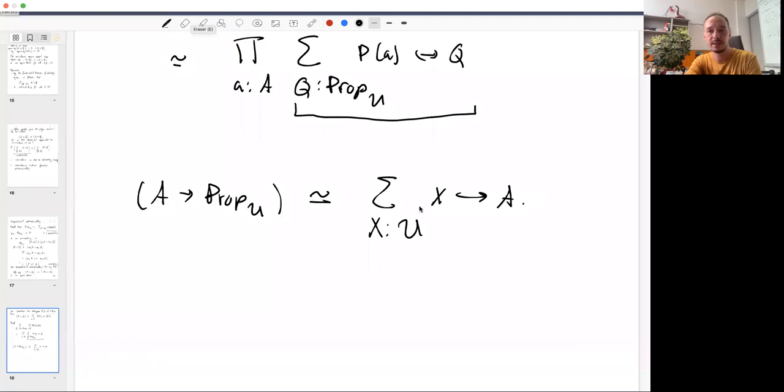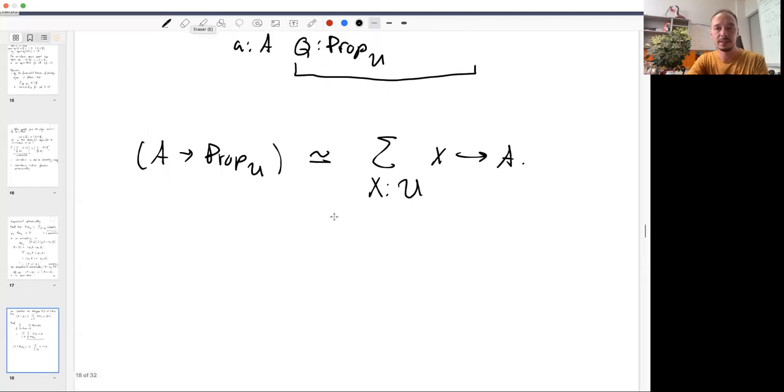So you really need that the action on paths is an equivalence. Maybe you recall that a map is an embedding if and only if the fibers are propositions. That is going to play a role in this equivalence. But that's not always true for injective maps. Okay, but actually what we're going to do is prove something more general than this.